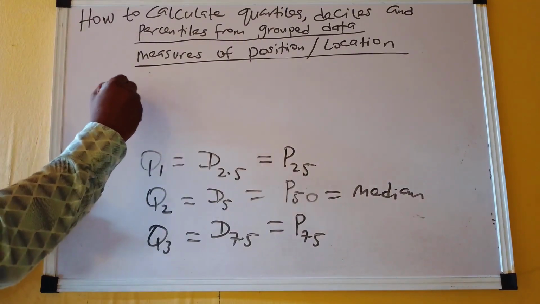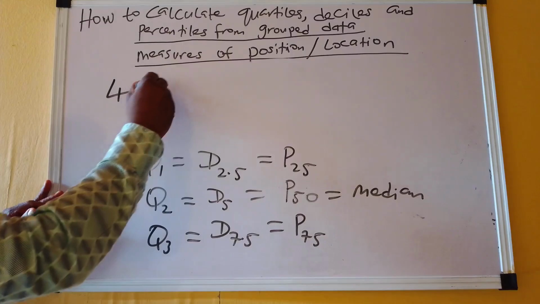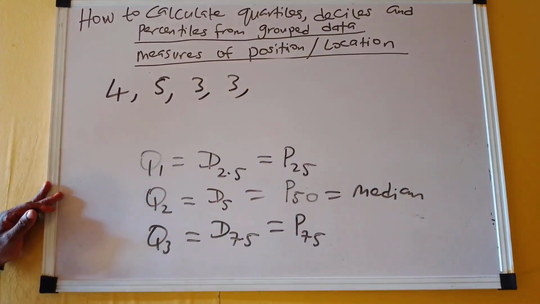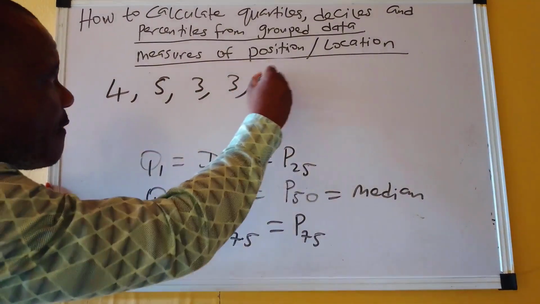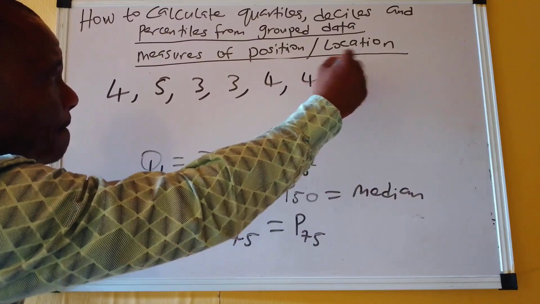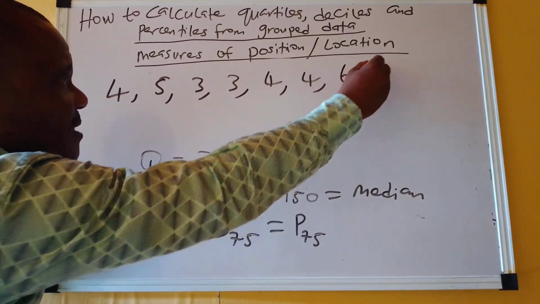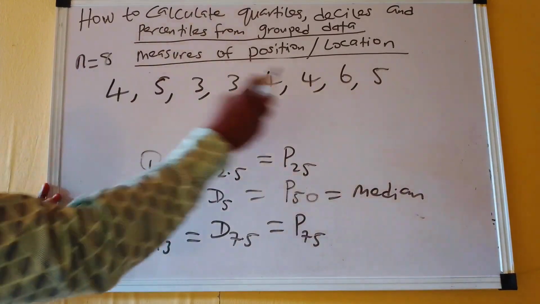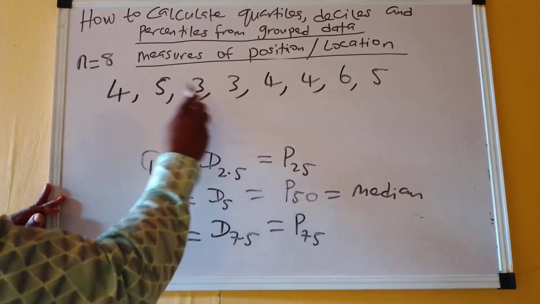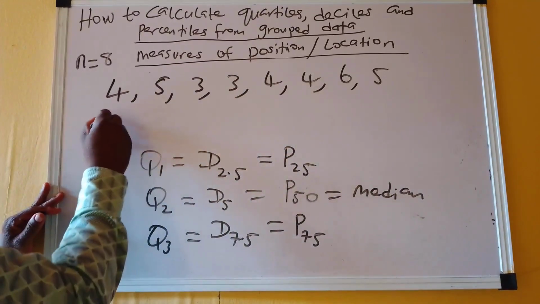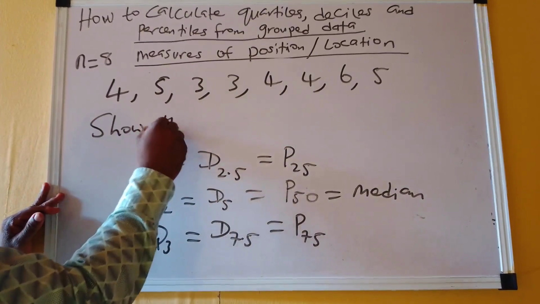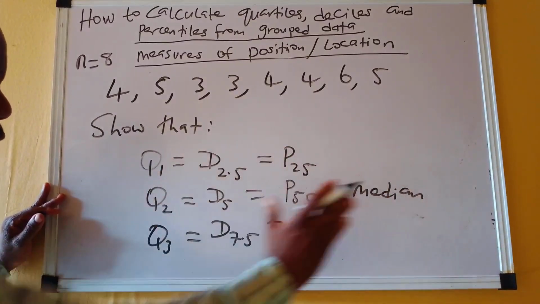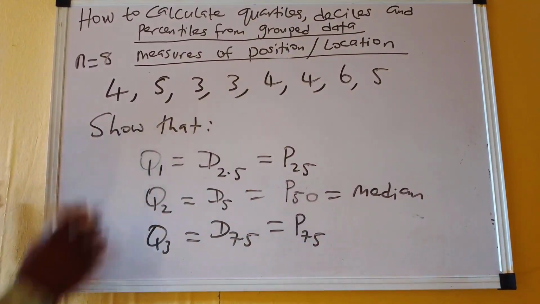The data is 4, 5, 3, 3, 4, 4, 6, 5. So this one here, your n is equal to 8: 1, 2, 3, 4, 5, 6, 7, 8. So use this to show that Q1 is equal to this, Q2 is equal to this, Q3 is equal to this, using this data set.